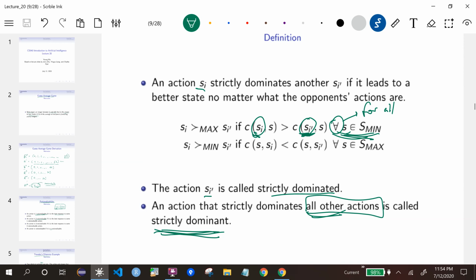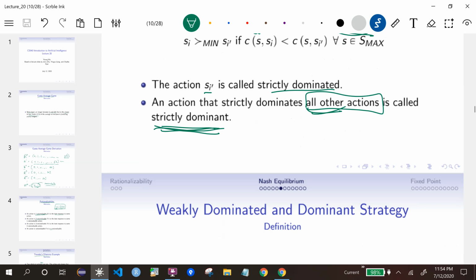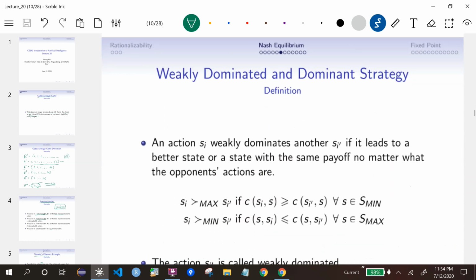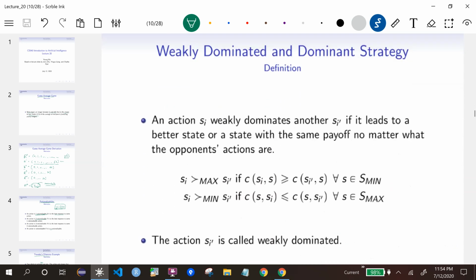And we have a weaker version of this, and it's called weakly dominated. The only thing we change is changing the strict inequality to weak inequality. And it's not often used because it's not as strong as strictly dominated actions, in the sense that if an action is strictly dominated, then it cannot be a part of the Nash equilibrium.